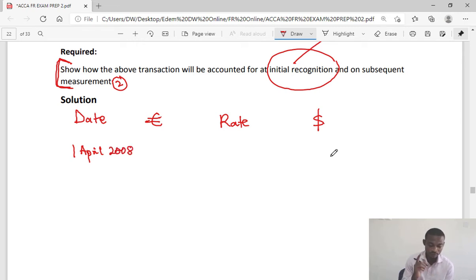the goods purchased, remember, once the goods are purchased, it becomes a payable. It was 200,000 euros.